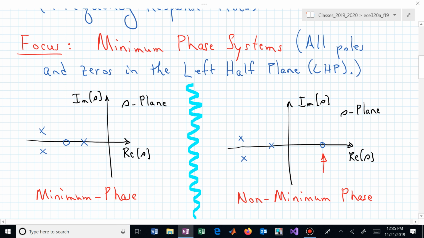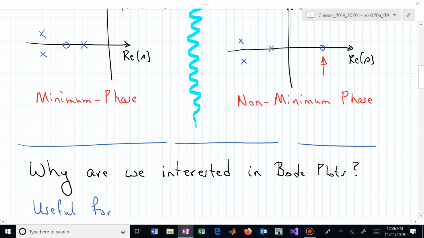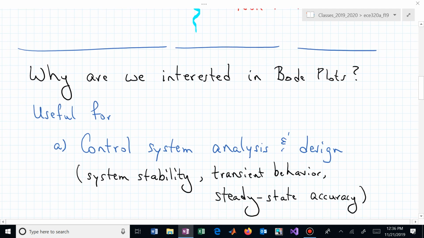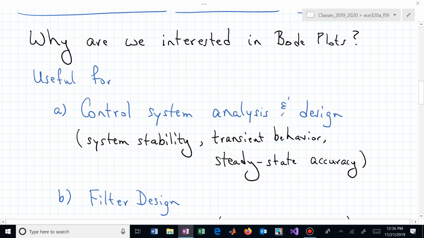How many rode a bike in to class today? That has a right half plane zero, your bicycle, in terms of its dynamics. But you can still stabilize the system. We're just going to focus on sketching these for minimum phase systems.